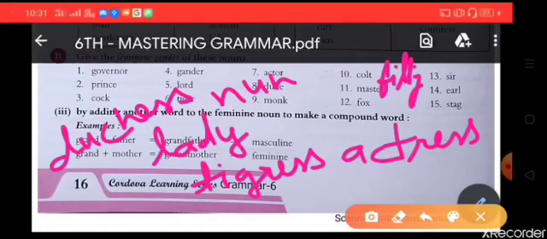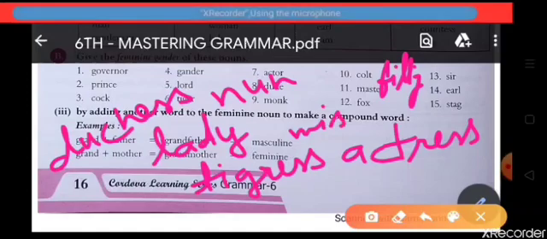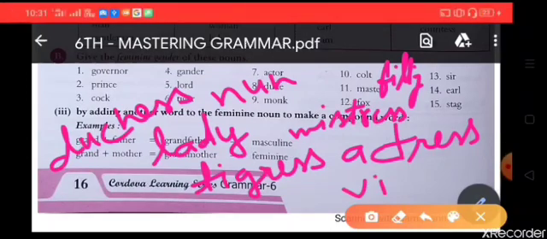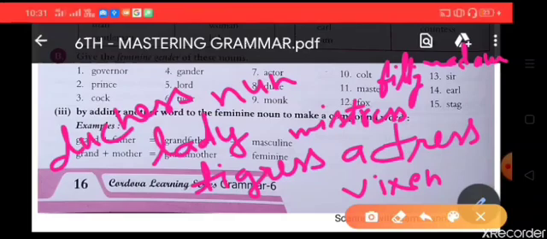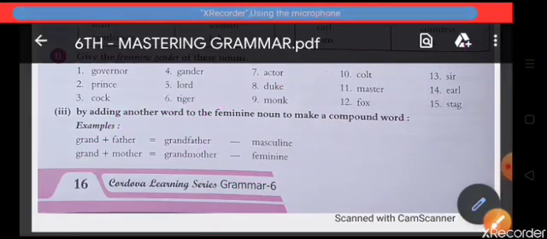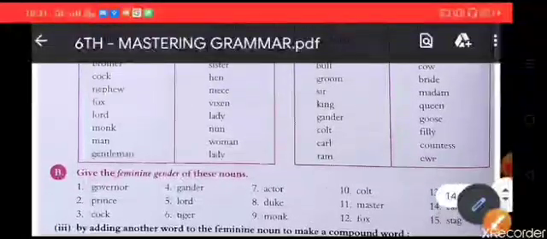Master, mistress. Fox, vixen. Sir, madam. Earl, countess.